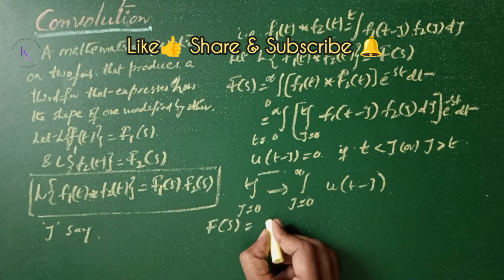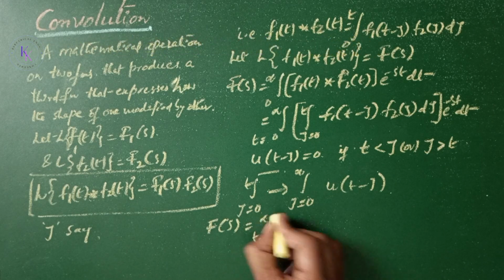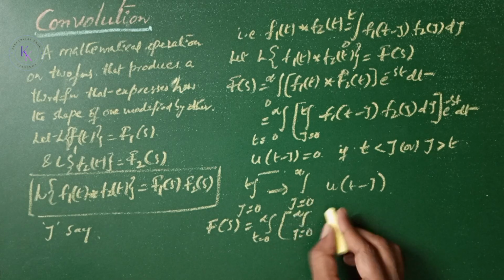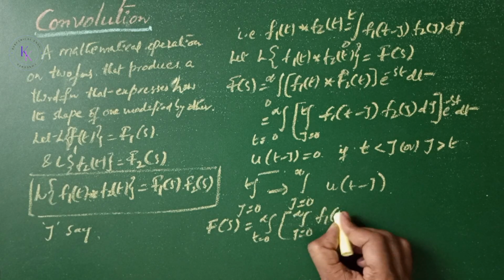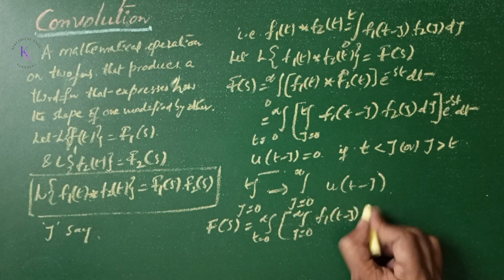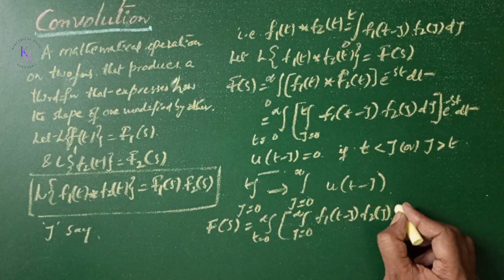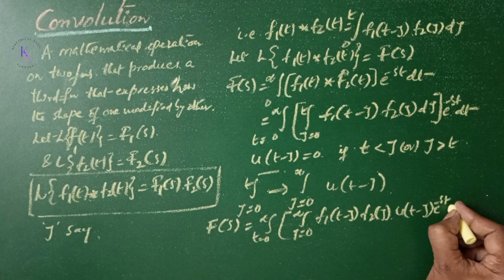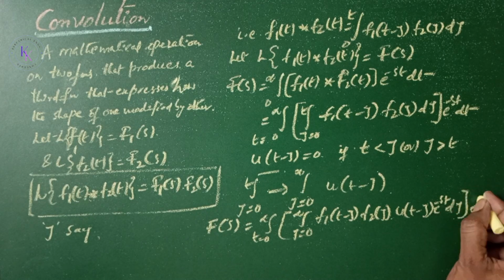F(s) equals the integral t from 0 to infinity of the integral tau from 0 to infinity of f1(t minus tau) f2(tau) u(t minus tau) e^(-st) d tau dt.